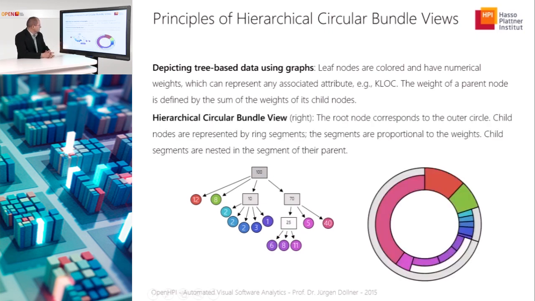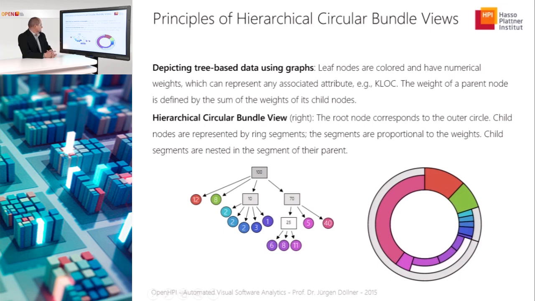The approach of the circular bundle view is to have a root node that corresponds to the outer circle and to map all child nodes by recursively nesting segments. The segments are proportional to the weights associated with the nodes.